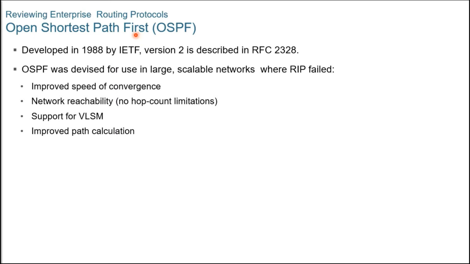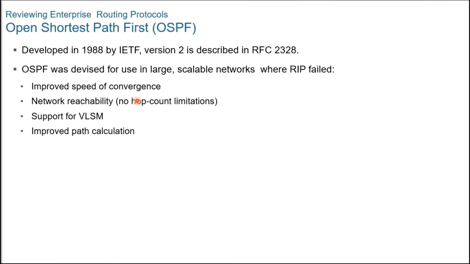In 1998, minor changes in OSPF version 2 addressed some of OSPF version 1's problems while maintaining backward compatibility. OSPF was developed for use in large scalable networks in which RIP's inherent limitations fail to satisfy requirements.